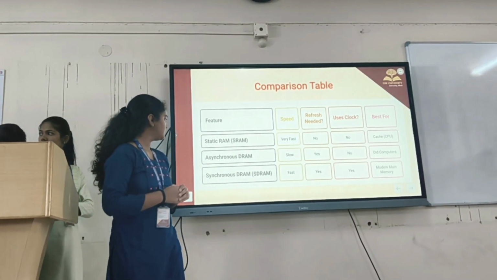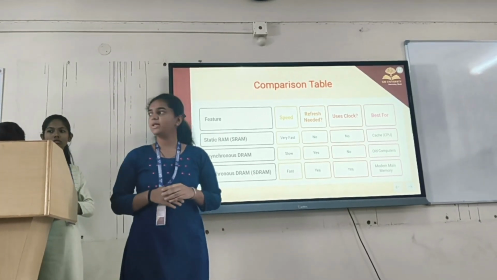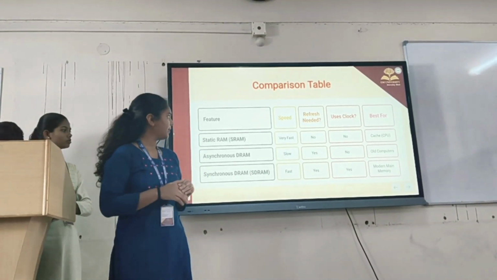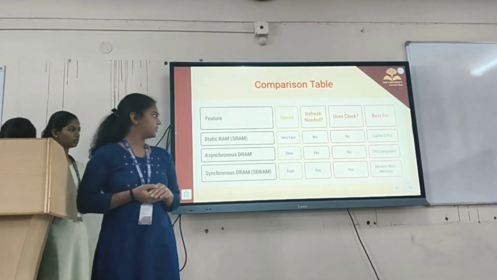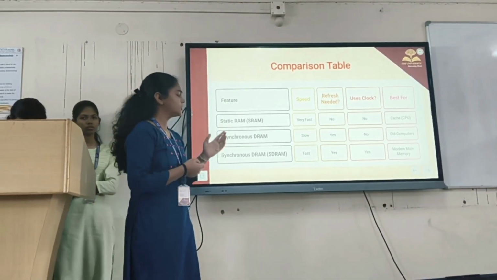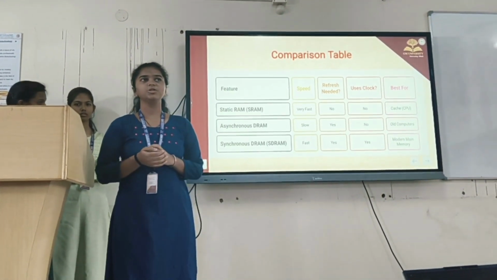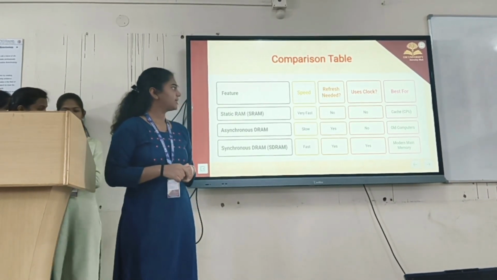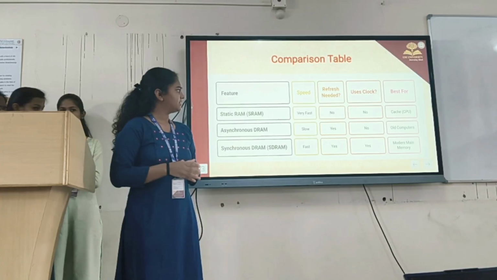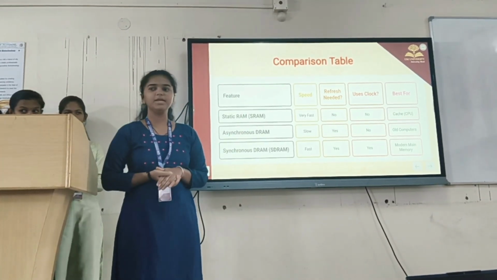In the case of synchronous DRAM, the speed is better than asynchronous DRAM, and refreshment is also needed because it is a DRAM. The capacitors are used, and a clock is needed because it is synchronous. The synchronization between the processor and the memory is needed, so a clock is needed. It is best for the modern main memory.